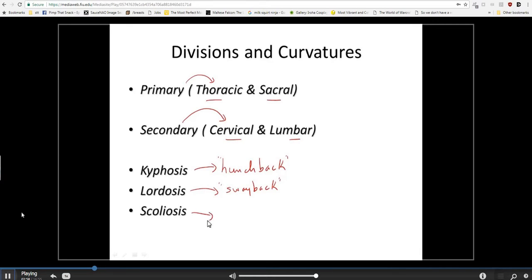Scoliosis is a lateral deviation of the vertebral column. This can cause a couple of issues: deviated shoulders, where one shoulder will sit higher than the other, or a pelvic tilt.